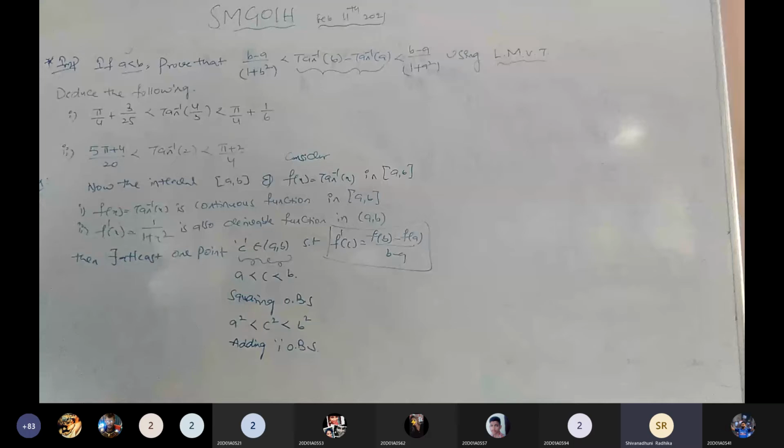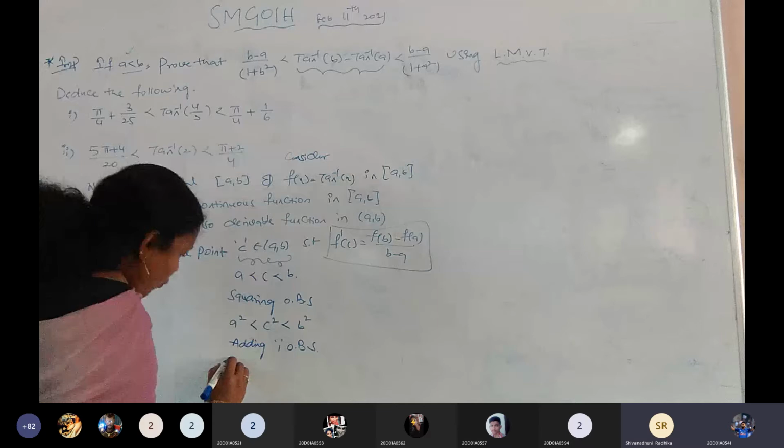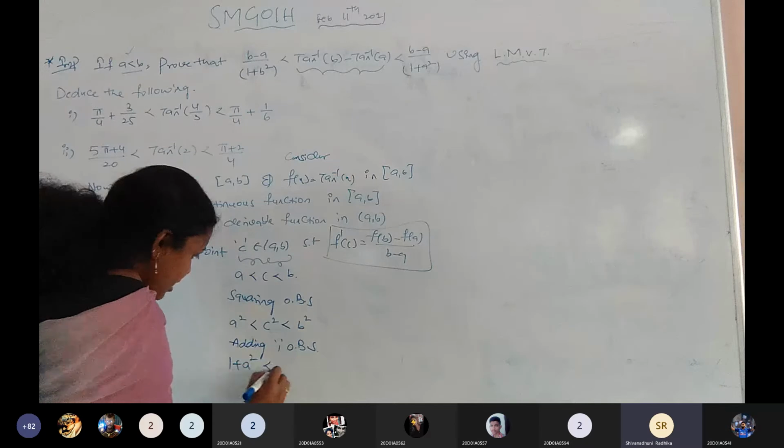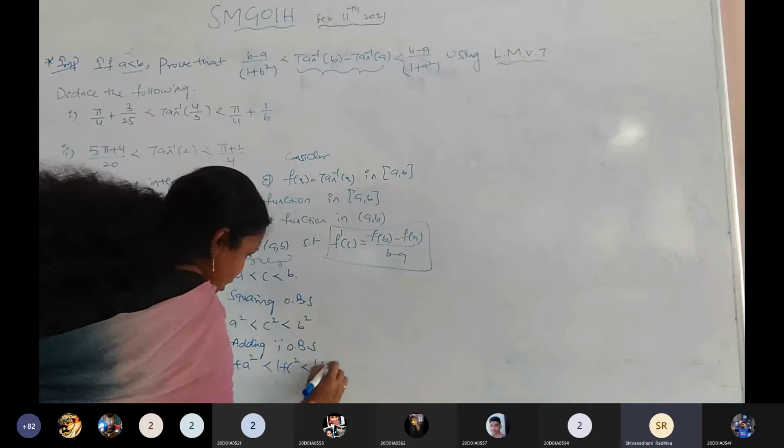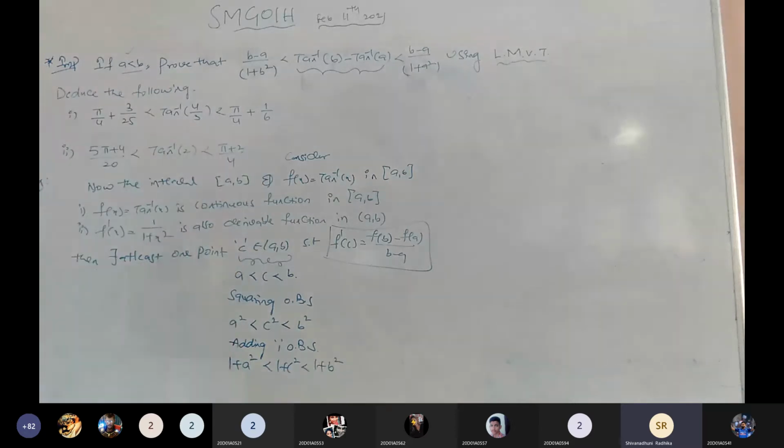Can I write below? Write the sign, ma'am. 1 plus A square is less than 1 plus C square is less than 1 plus B square. Right? That is enough.